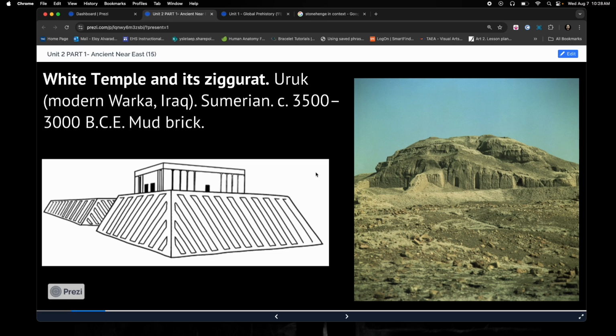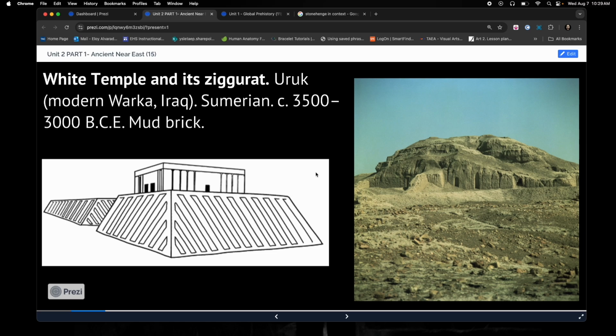All right, so that was a lot of context. So let's look at the form. The form is a monumental structure. It's a ziggurat, a trapezoidal, almost pyramid-like structure.